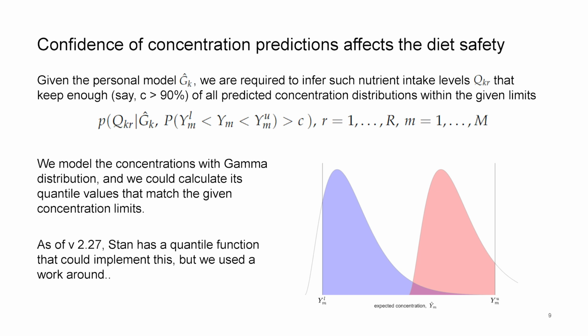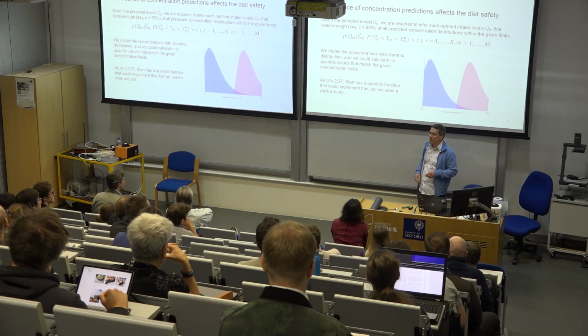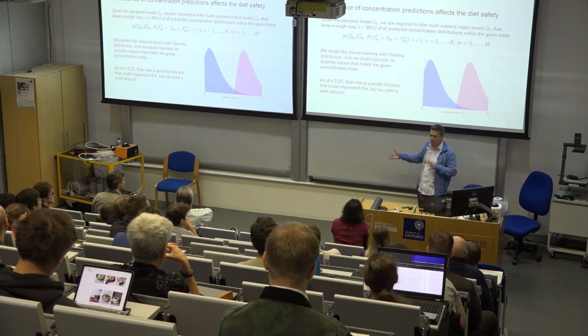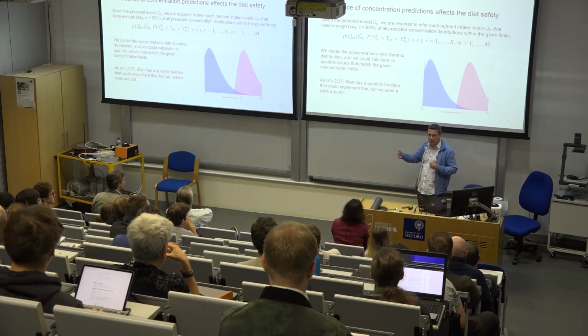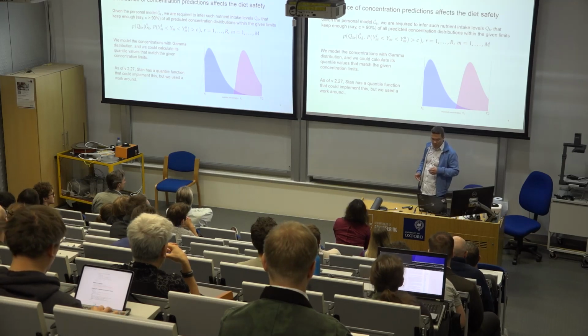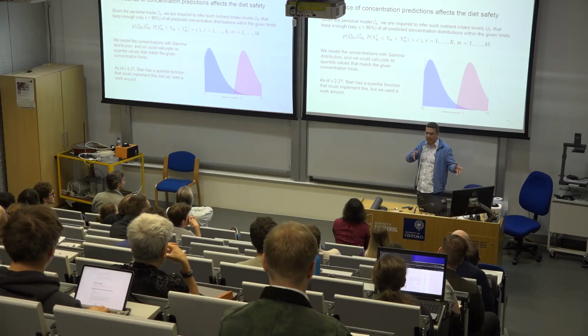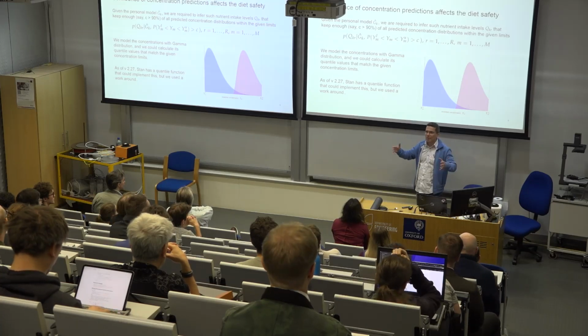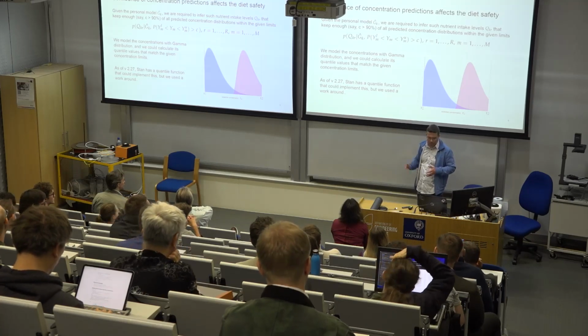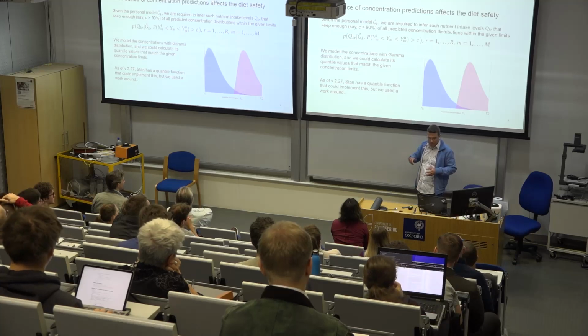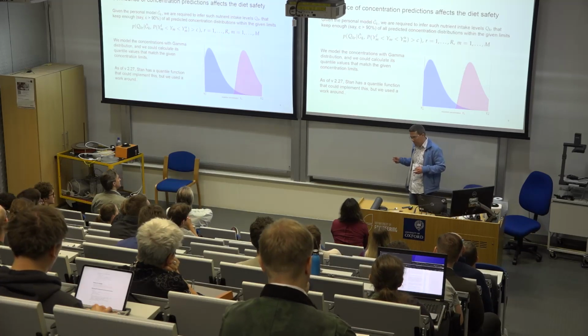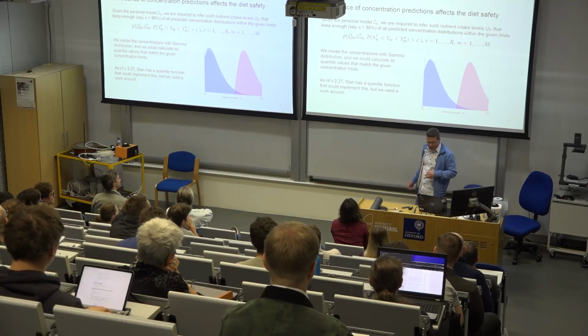Our data, we have multiple data sets, but they tend to have from 3 to 5 different concentrations that we are considering simultaneously. And the intuition is that we need to have enough of the probability of the intake predictions or the concentration predictions between those limits.